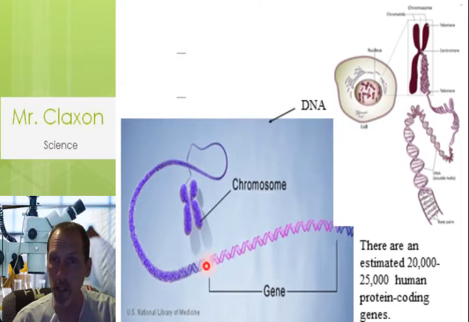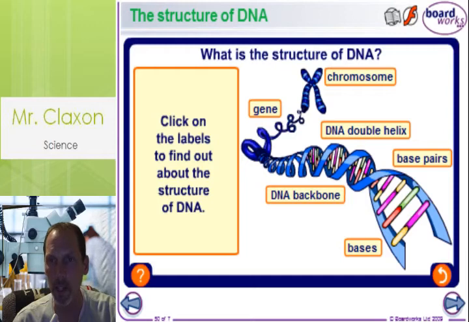So a gene is one little section. This little part here, maybe that controls the color of the flower that we looked at. Maybe another section over here controls how tall the plant is. So there would be hundreds of genes on this DNA strand. That's actually what it is.